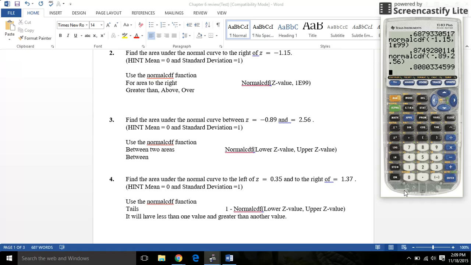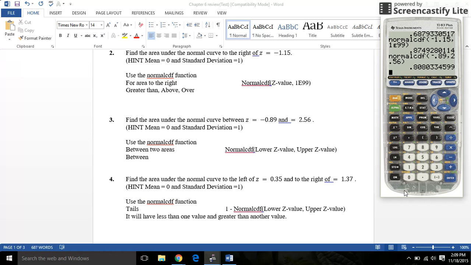It means you will have less than one value and greater than another. So what you're going to do is 1 minus normal CDF, then the lower z value, comma, the upper z value. Remember normal CDF with the lower value and the upper value from the number 3 example we just did. Basically, what you're saying is 1 minus the between area of these two values.